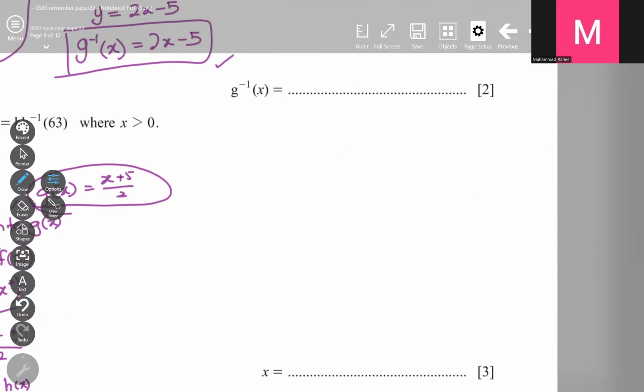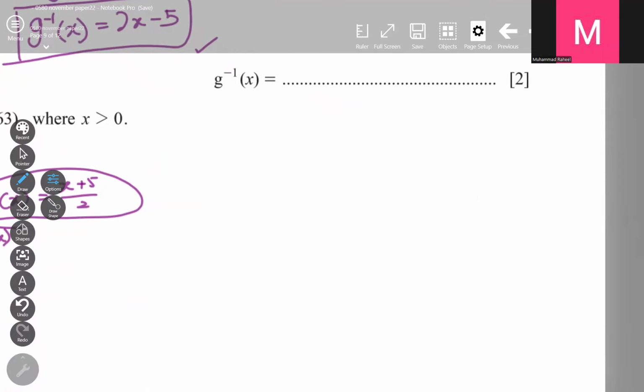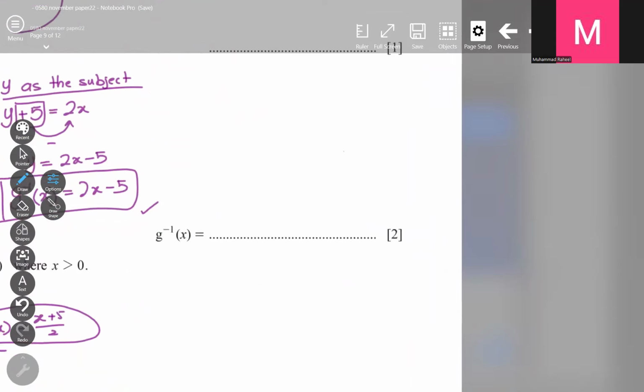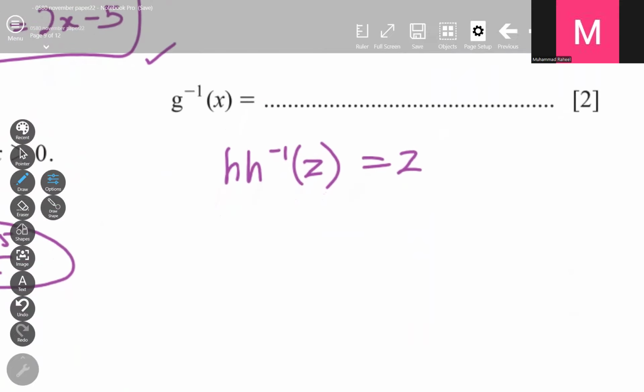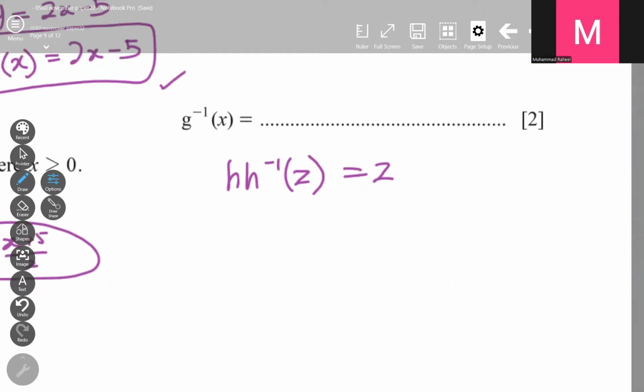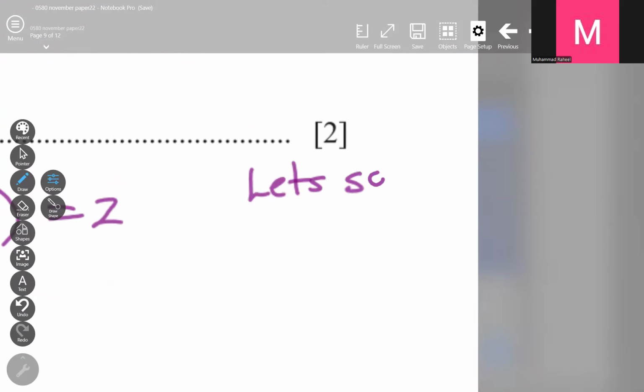And now we can solve. h of h inverse of x is equal to x. Therefore, h inverse of 63 is equal to something.